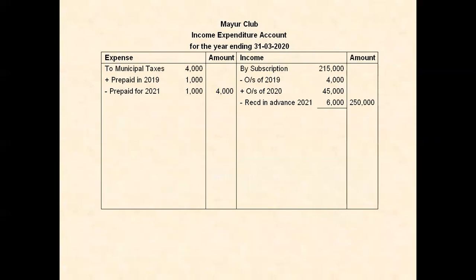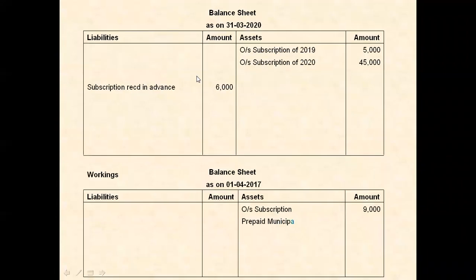So the outer column will be same, 4,000. This prepaid of last year will be shown in opening balance sheet asset side, and that prepaid for next year will be shown in the closing balance sheet asset side. So I completed here my second adjustment, but still one point is left, that is rupees 5,000 are outstanding of salary.